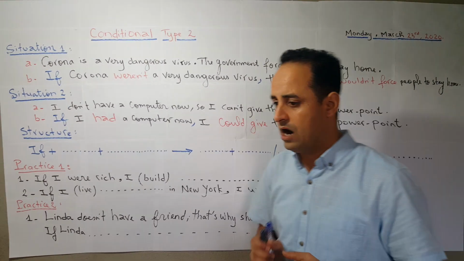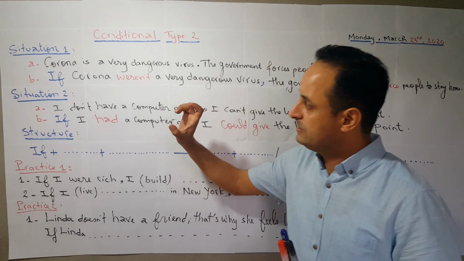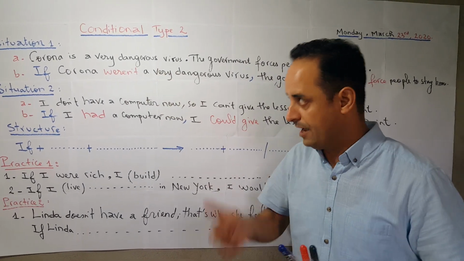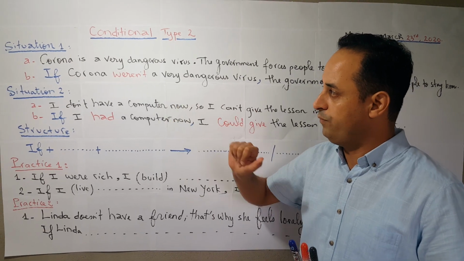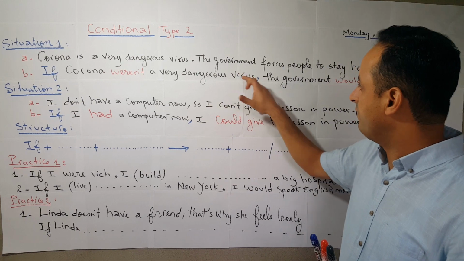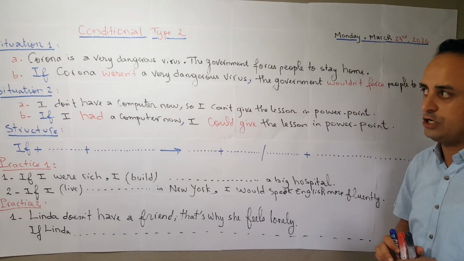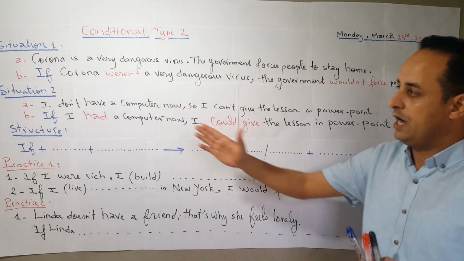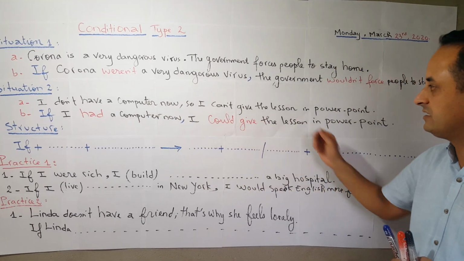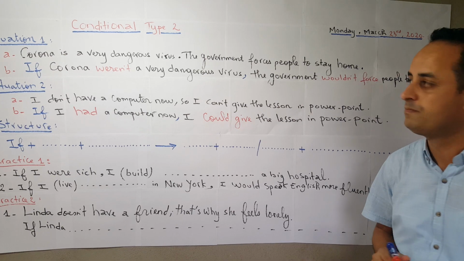Great. Now, let's look at sentences A in both situations again. A, first one, Corona is a very dangerous virus. The government forces people to stay home. I don't have a computer now, so I can't give the lesson in PowerPoint.